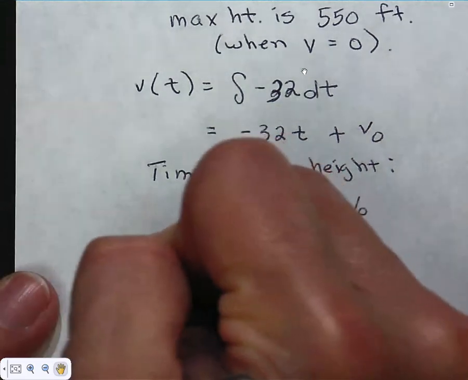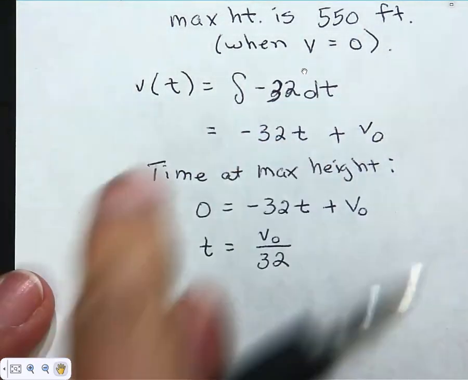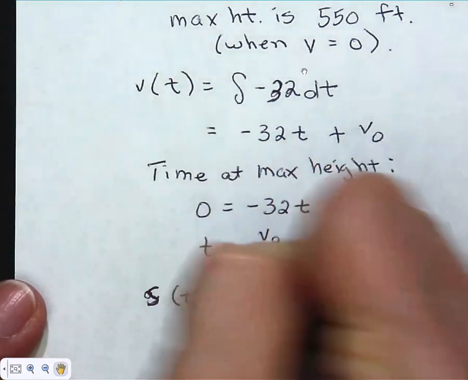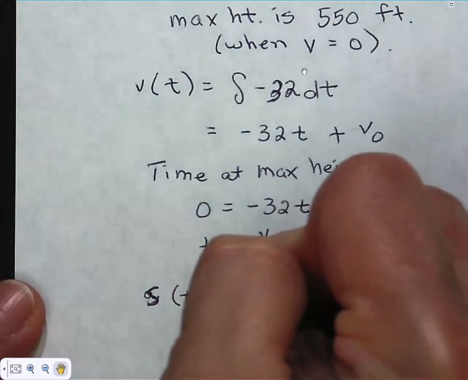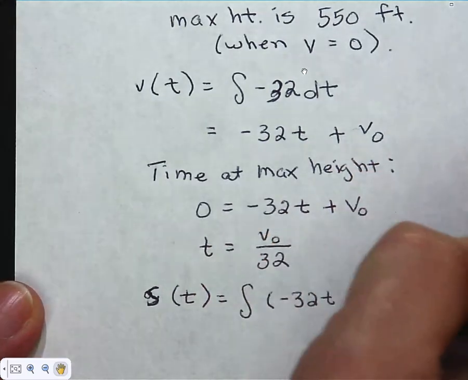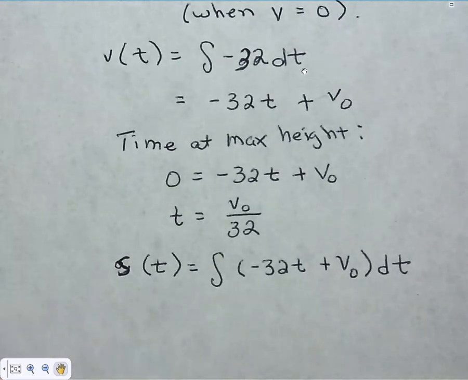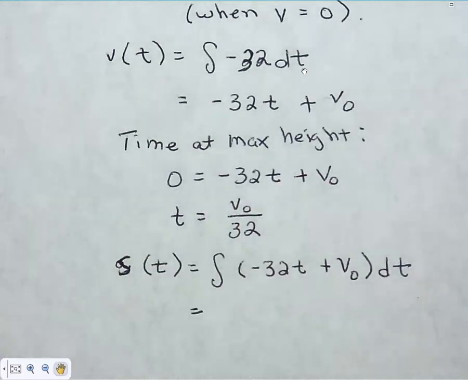All right, now I'm going to take your suggestion, Glenn, and say, well, I have a velocity function, so I can find the position function by anti-differentiating that velocity function. It still has v sub 0 in it because I don't know what it is. So what's the position function?